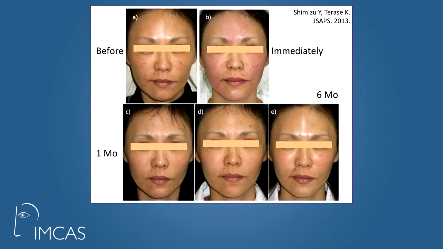Next slide. This is the before and after, recorded quite completely with immediate result, 1 month, until 6 months. Yes, definitely we can appreciate some result, and they also confirmed it in the histology.